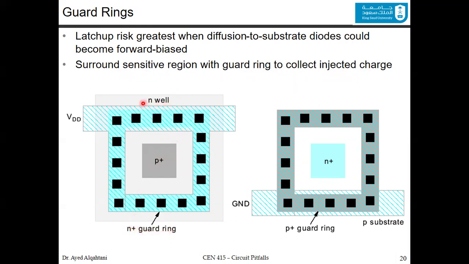As you can see, you have the N well over here, and this will be connected to VDD. The N plus is connected to ground, you have a P plus guard ring, and you have the P substrate. So these rings will protect the P plus, and this one will protect the N plus diffusion.